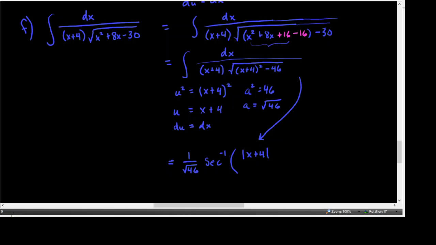Like if x were negative 10, it would not be, so we have to leave it in the absolute value until we have a particular value to put in for x. Over square root of 46 plus c.